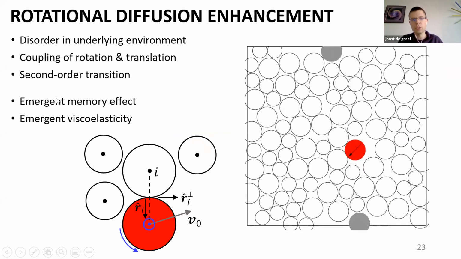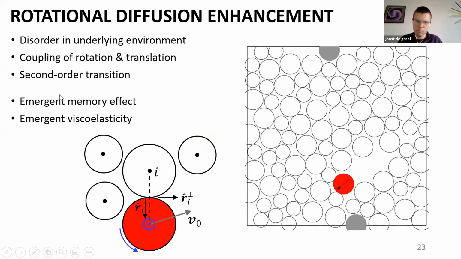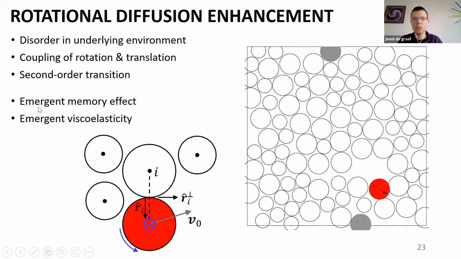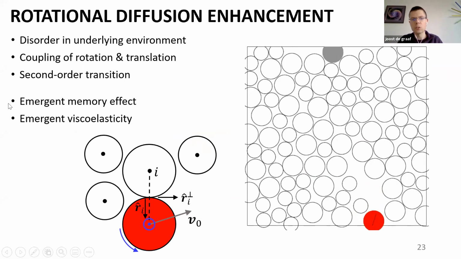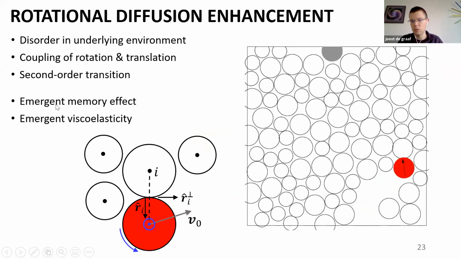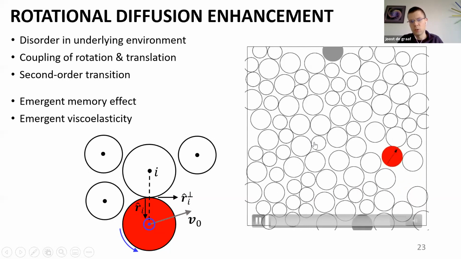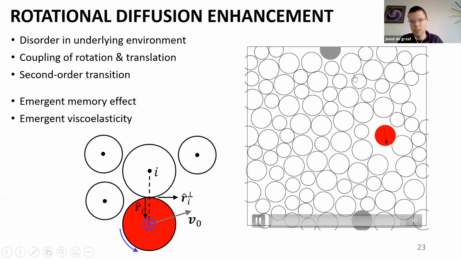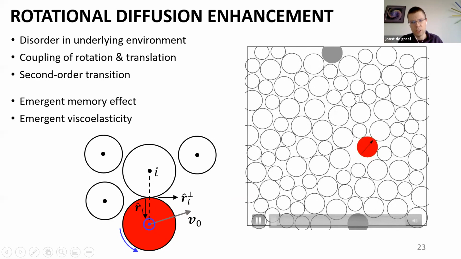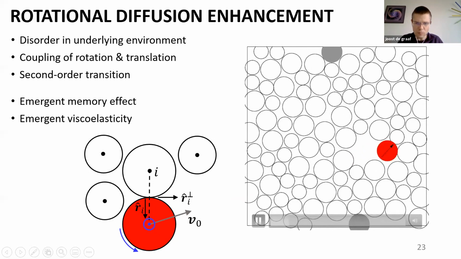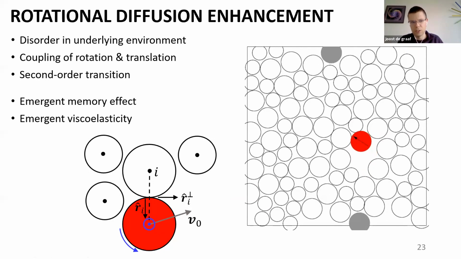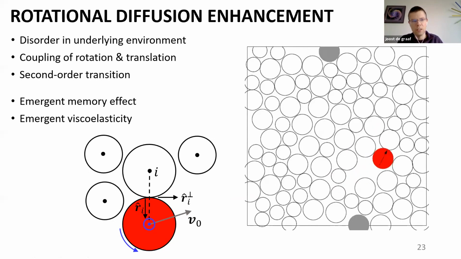The memory effect, which has been used to model this previously, we would consider to be emergent in our model, and we can show that happens within our model. And viscoelasticity is also an emergent property of the disordered nature and density of the passive system.